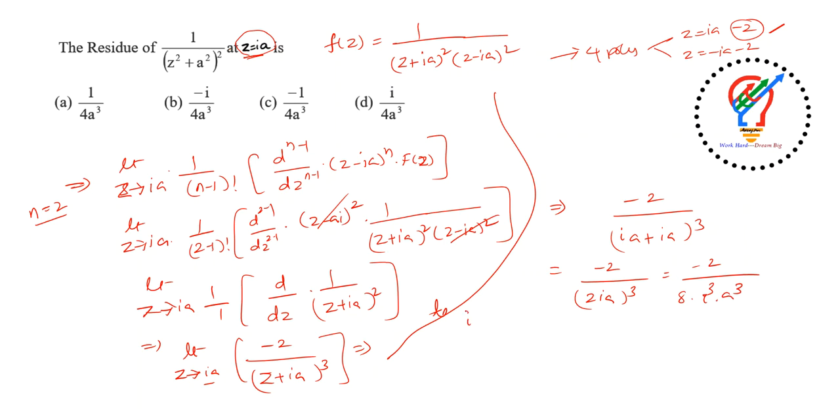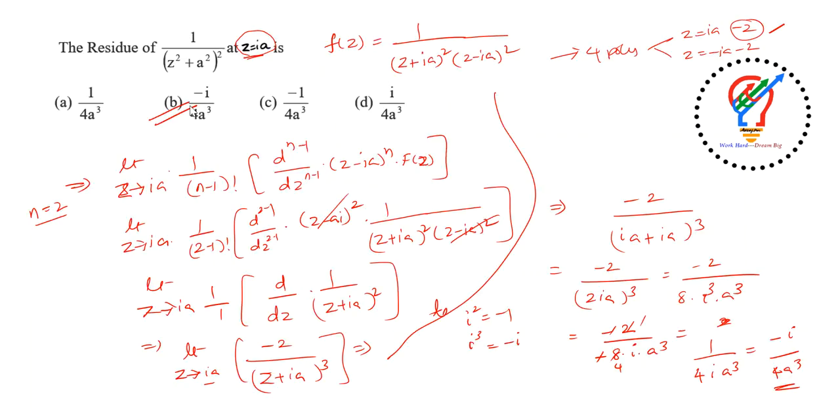What is i cube? i square is minus 1, so i cube is minus i. That implies minus 2 divided by minus 8 into i into a cube. Minus minus gets cancelled, and 2 by 8 gives 1 by 4 i a cube. This can also be written as minus i divided by 4 a cube. So the answer is minus i divided by 4 a cube.